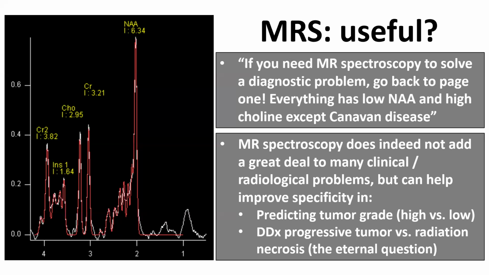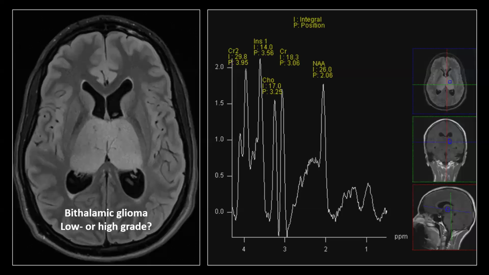So it can improve your specificity, especially when dealing with brain tumors and predicting the tumor grade, because high-grade tumors generally have a more aggressive spectroscopic profile compared to low-grade tumors. And it can also help you differentiate between progressive tumor and radiation necrosis, which is a frequently occurring problem in tumors that have been treated with radiation therapy.